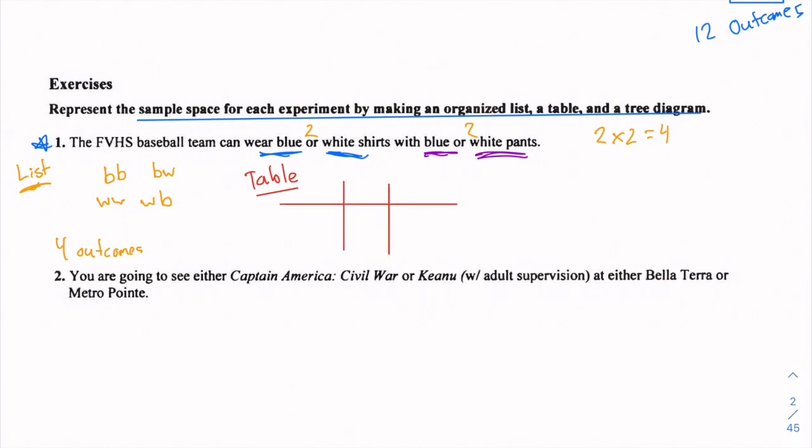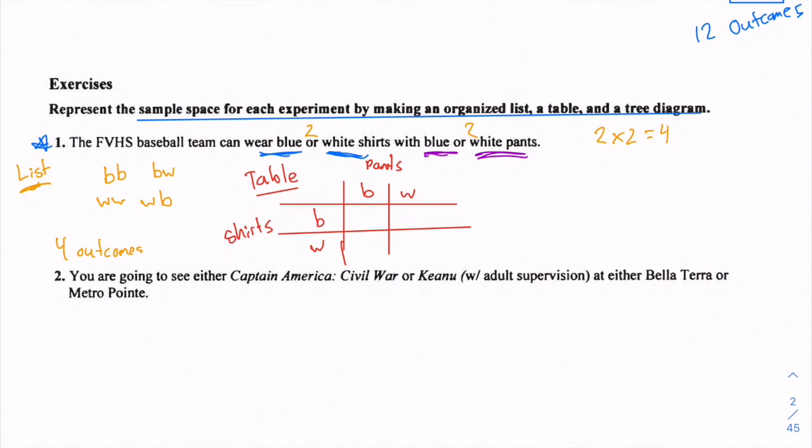Boom, boom. Here's your table. That is not a nice table. Anyways, on top you can put pants. Pants is blue or white. On the left side, you have shirts. You can also go blue or white.